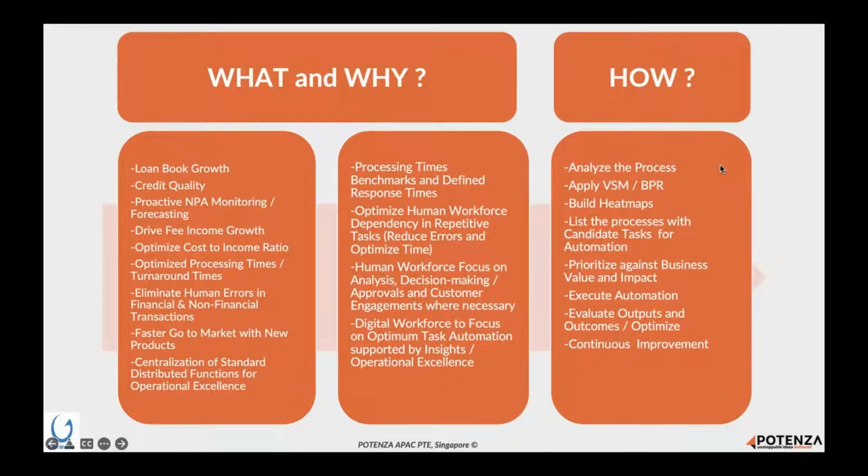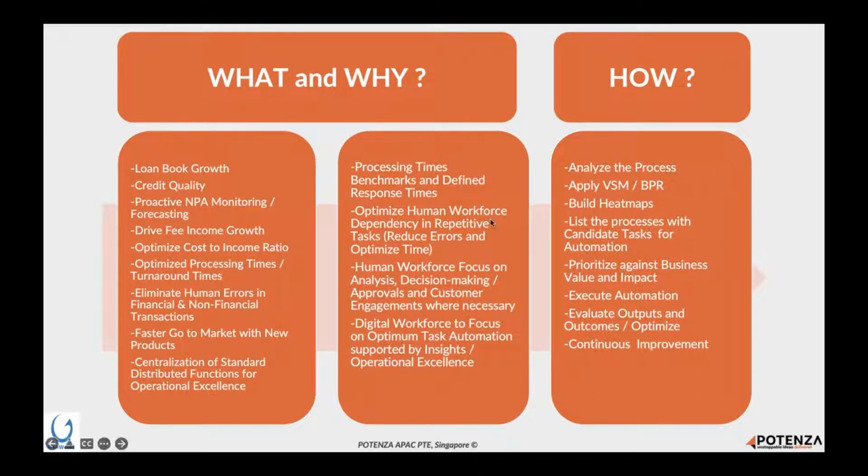So I hope you're clear in terms of where you can apply, but I thought I should also connect it to your bank's strategic planning and operations planning, right? When we take the strategic planning process, you usually set multiple targets this year. So how are we looking at growth of the organization? We are probably looking at loan book growth and credit quality improvements.